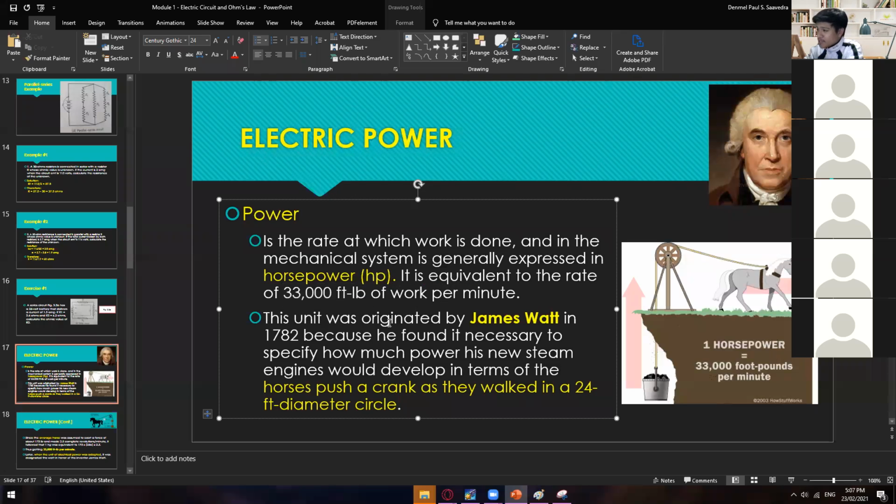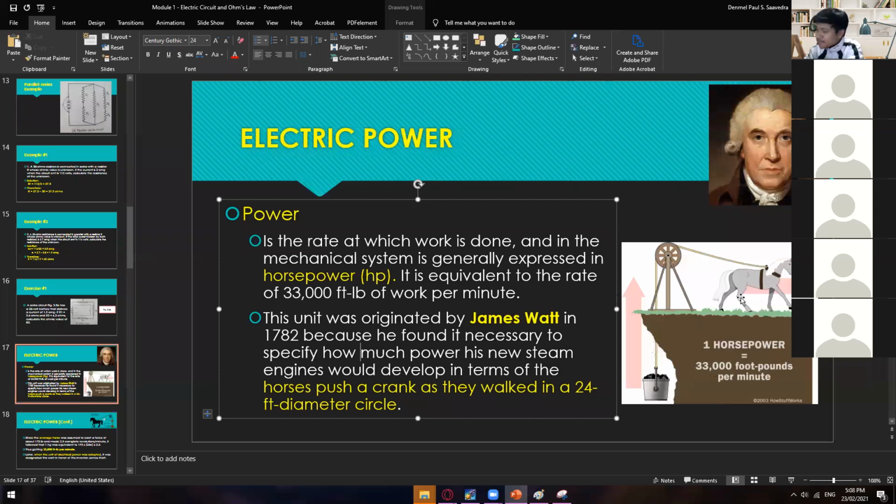This unit was actually originated by James Watt. So this is Mr. James Watt, who came up with the idea: why not develop a unit called horsepower with the use of real horses to measure such power. In the year 1782, he found it necessary to specify how much power his new steam engines would develop in terms of the horse pushing a crank as they walk in a 24 feet diameter circle.